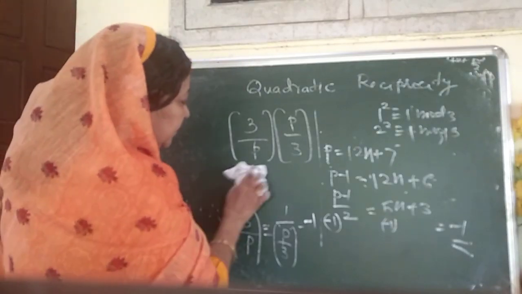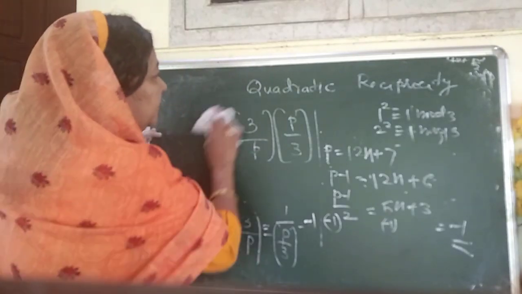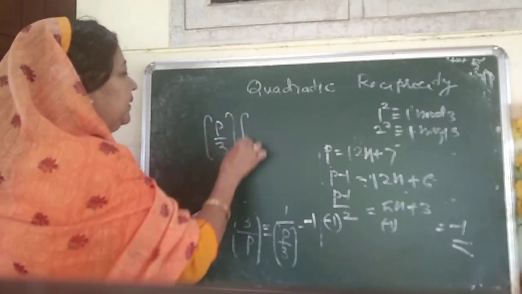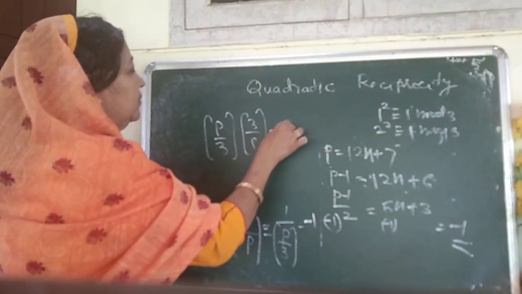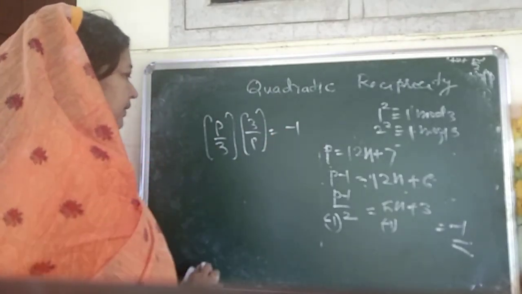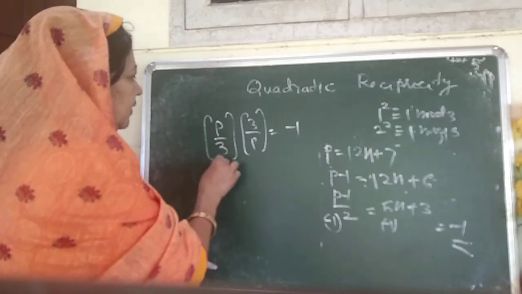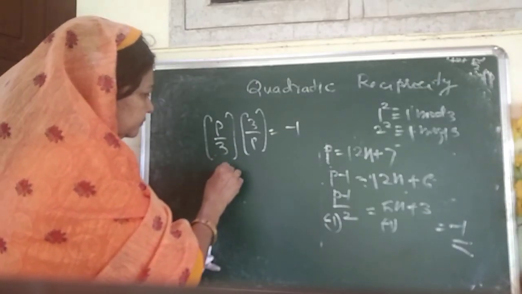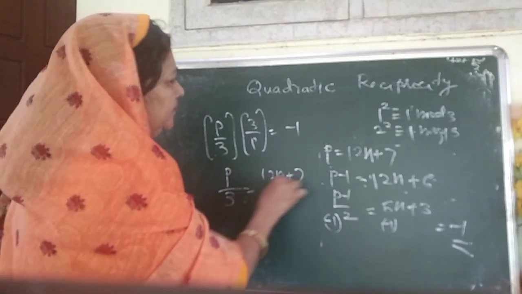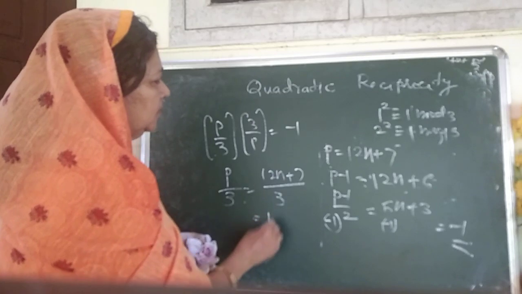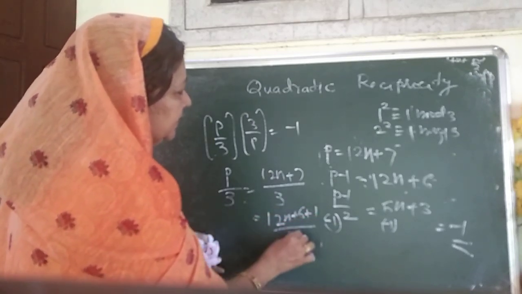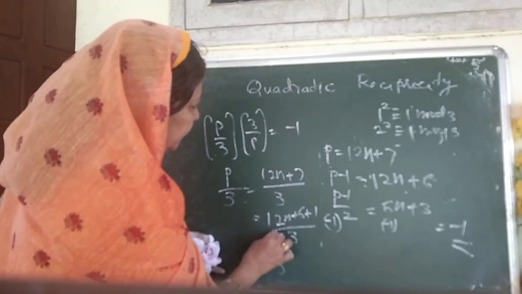Therefore, P by 3 into 3 by P is equal to minus 1. Then what is P by 3? P by 3 is equal to 12n plus 7 by 3, which is 12n plus 6 plus 1 by 3, equal to 1 by 3.